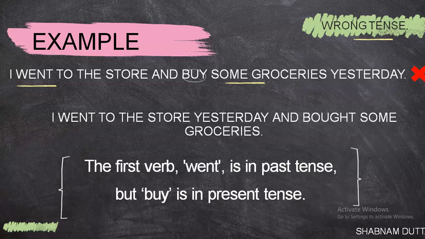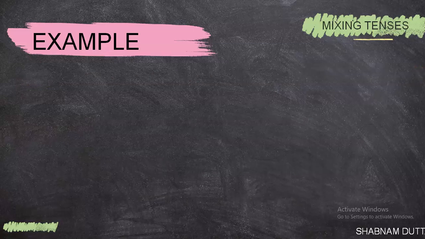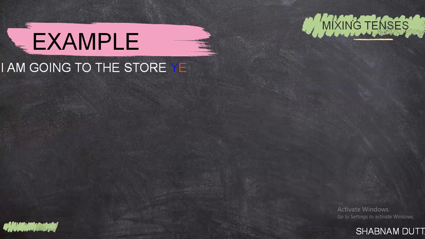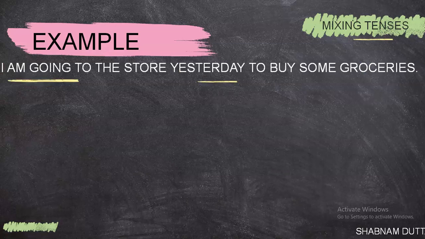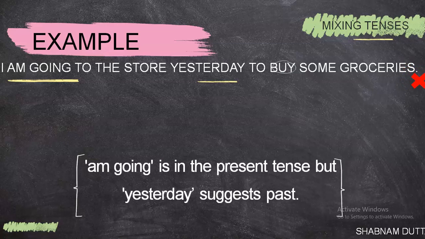Okay. Now let's see what happens when we mix tenses. The sentence, "I am going to the store yesterday to buy some groceries" is absolutely wrong because "am going" expresses present tense but "yesterday" suggests past.